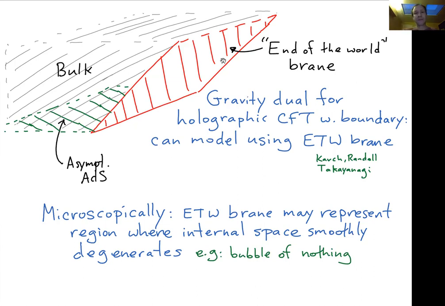If you modify the state, or if you do have some excitation in here, then certainly this end of the world brane can alter, and so depending on the state of your CFT with the boundary, you would have a different geometry, and in some of those geometries, indeed, effectively this thing would be further away. Okay, thank you.